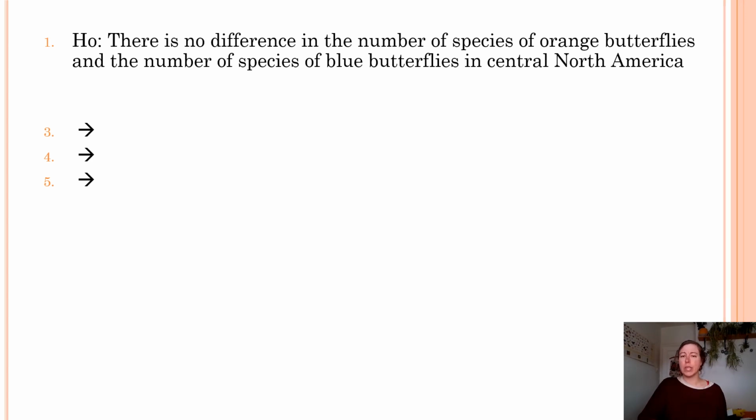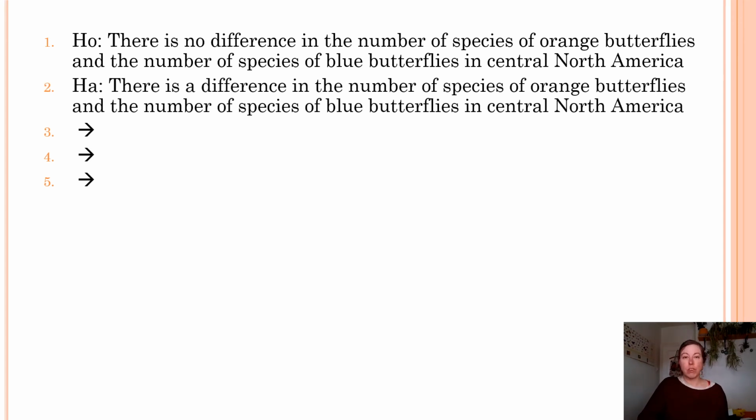So again, there is no difference in the number of species of orange butterflies and the number of species of blue butterflies in Central North America. So very similar. We've changed the color and we've changed the location. So it's orange and blue, and it's in Central North America. Our alternate is the opposite of our null. So we've got our table.